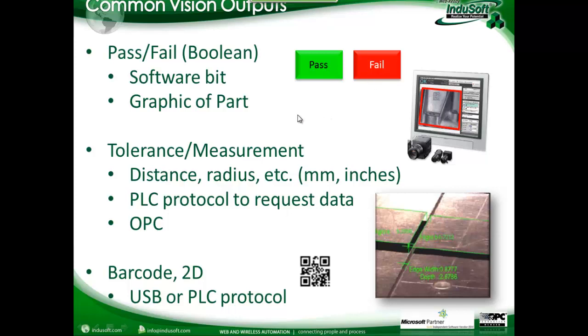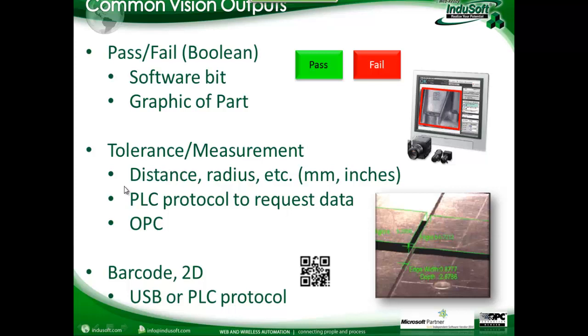Very clear, is it correct or is it not? And in the case where you get a failure where you're not seeing something that should be there, then maybe you would get a graphic of the actual part on the screen, where that would come right out of the camera and be displayed on the InduSoft Web Studio screen, so that you could see what was bad, and it might highlight that particular bad area.